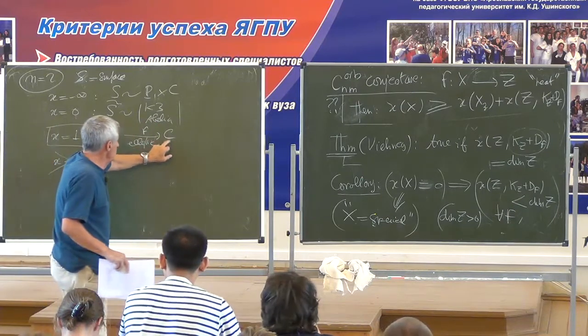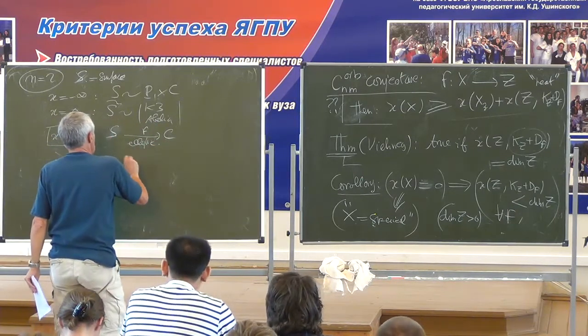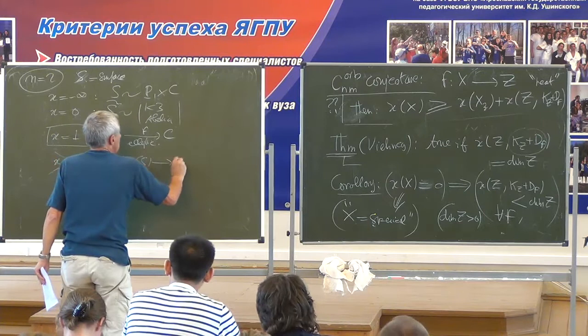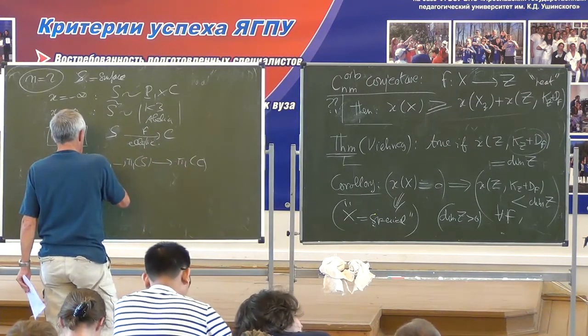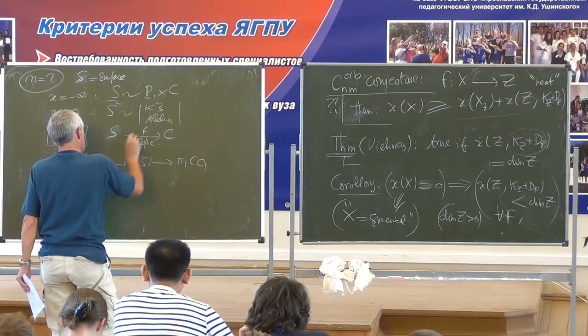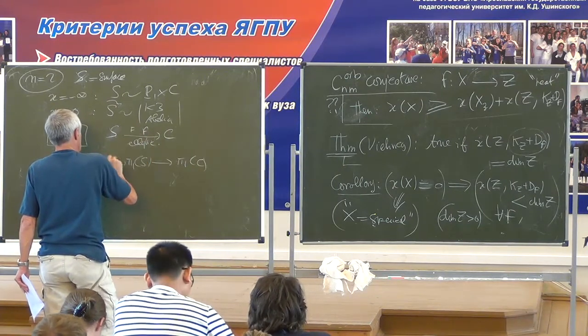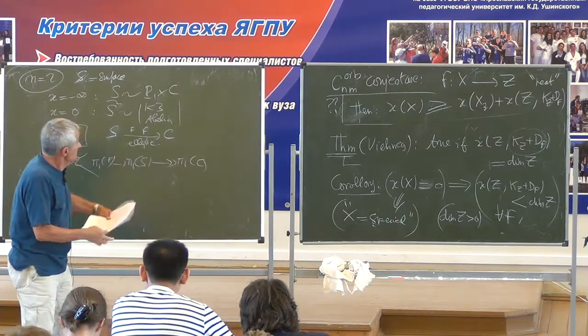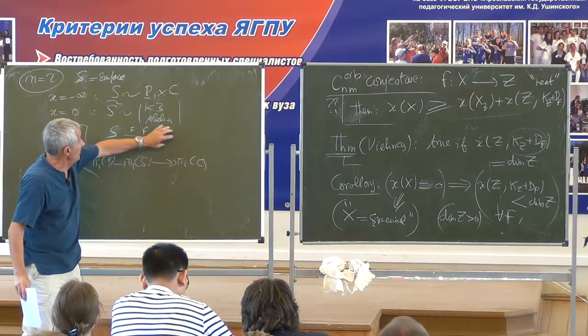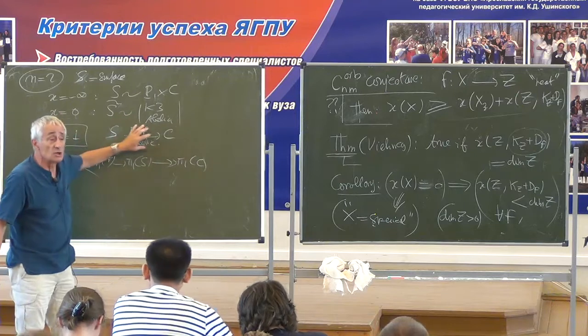But I use here this property, and so you get then pi 1 of C, and here we have pi 1 of the fiber. So you have an exact sequence of groups here. If this curve is hyperbolic, certainly this is not special.